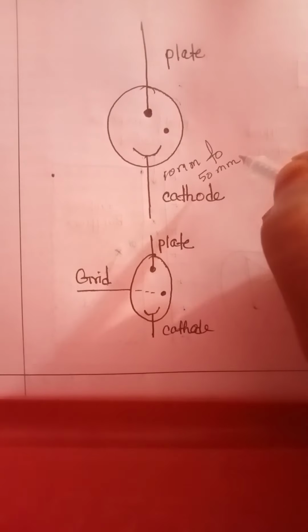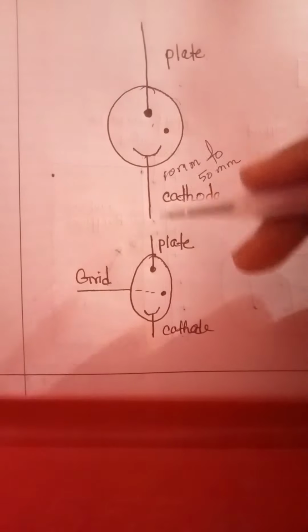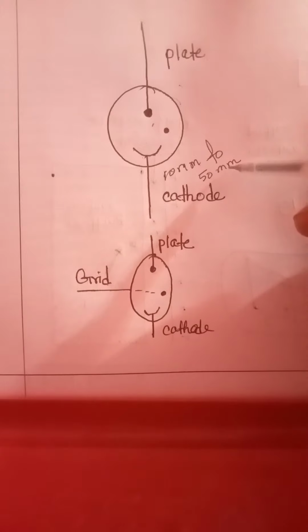The gas pressure in a gas filled tube usually ranges from 10 millimeter to 15 millimeter.